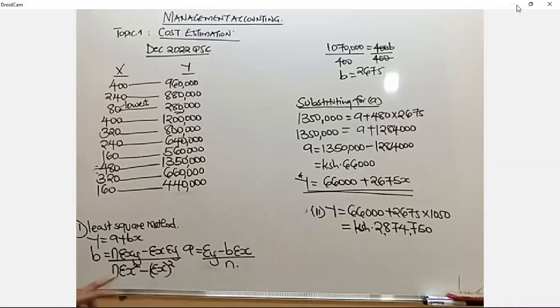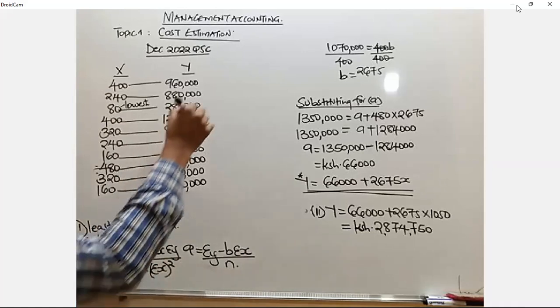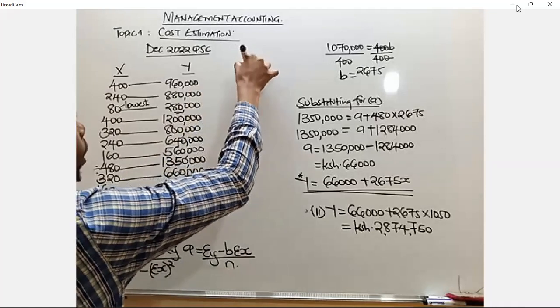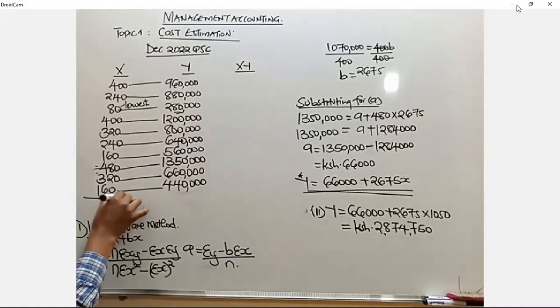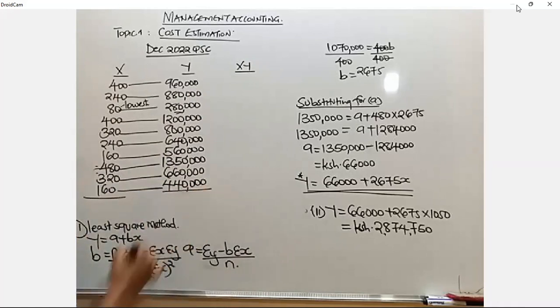So when you look at the requirements here, what are they? The examiner needs us to get the summation of xy, which should be a column of its own. Then the summation of x, I can get it here straight. The summation of y, that is why I requested you to have your calculator. Each person is going to be participating.